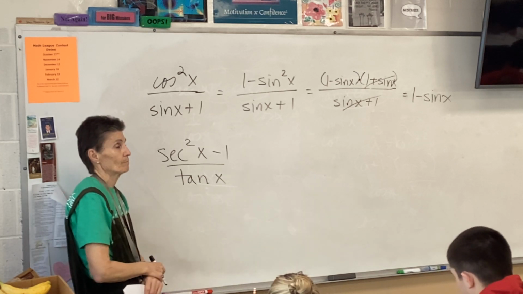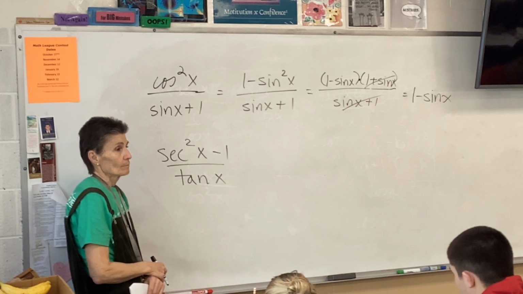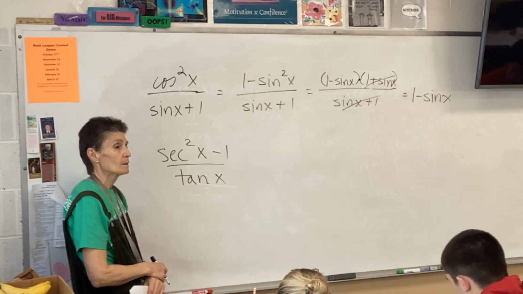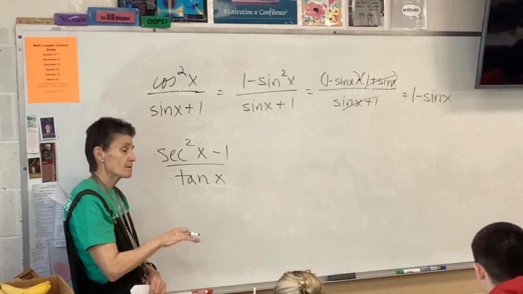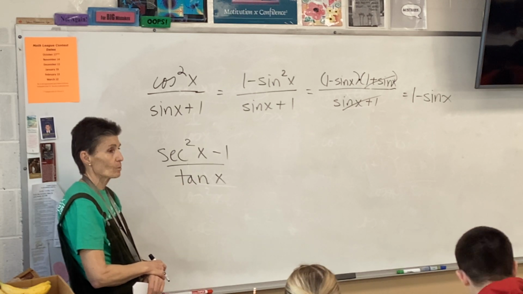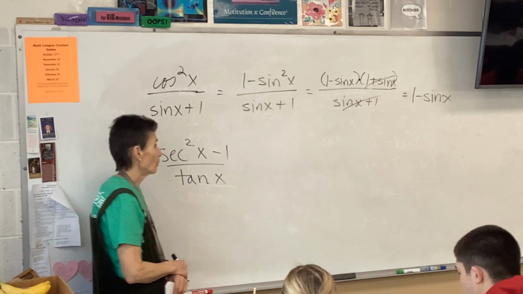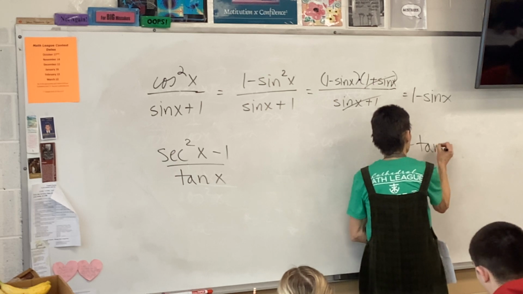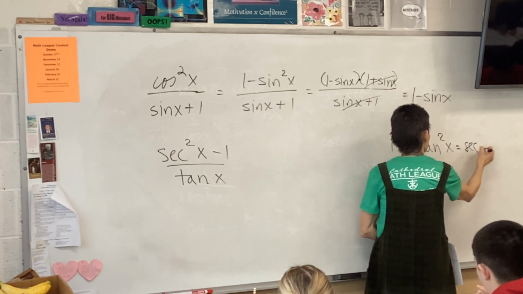Number 3. Look at your sheet. In the box that you made, is there anything in there with secant squared? What does it say? 1 plus tan squared is secant squared?